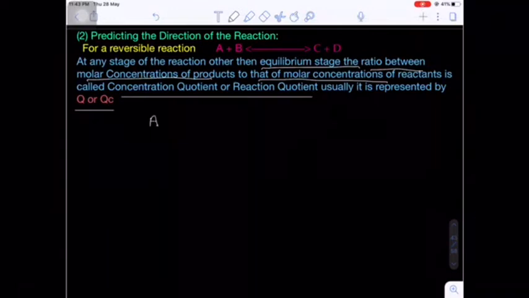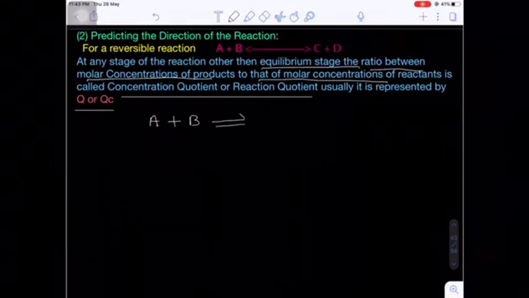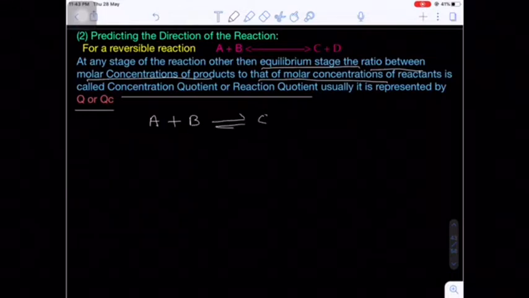Suppose I have 1 mole of capital A and 1 mole of capital B. They combine to give 1 mole of capital C and 1 mole of capital D. Okay, this is the equilibrium given to you.